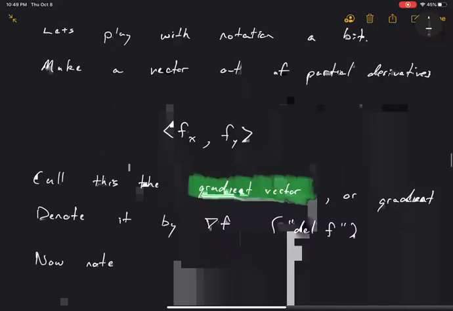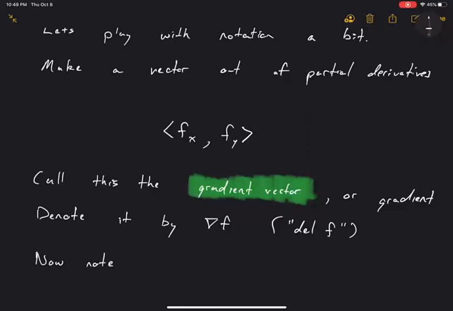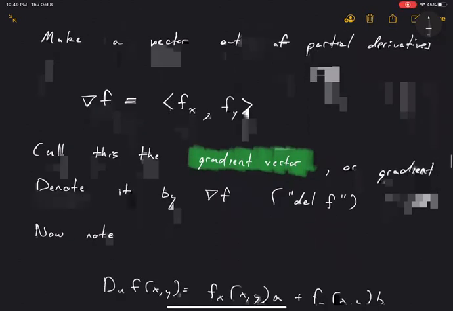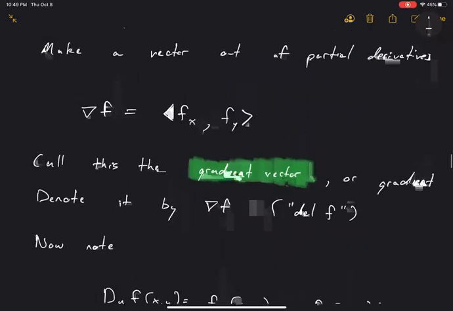This vector is a special vector. It's got a special name. We call it the gradient vector, or just the gradient. And we denote it by this upside down delta f. We would pronounce that del f. So this is a vector.